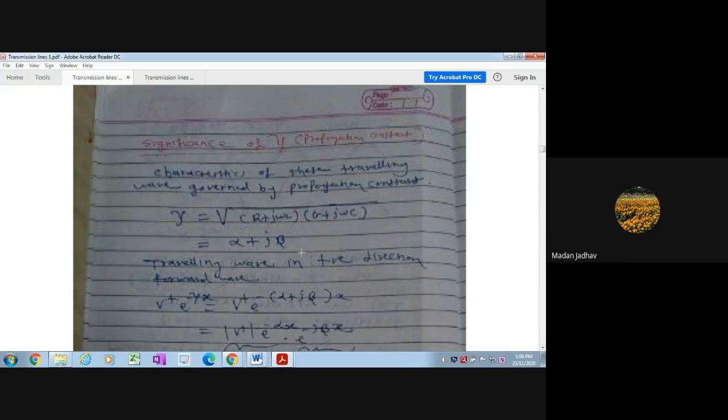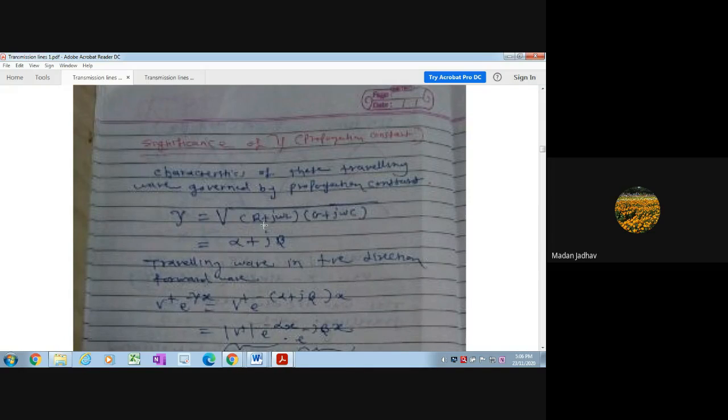Now another parameter of the propagation of the wave along the transmission line is the phase constant. It is the measure of how the phase is changing per unit length, or at what rate the phase is changing. That information is given by the phase constant, and it is measured in radians per meter.